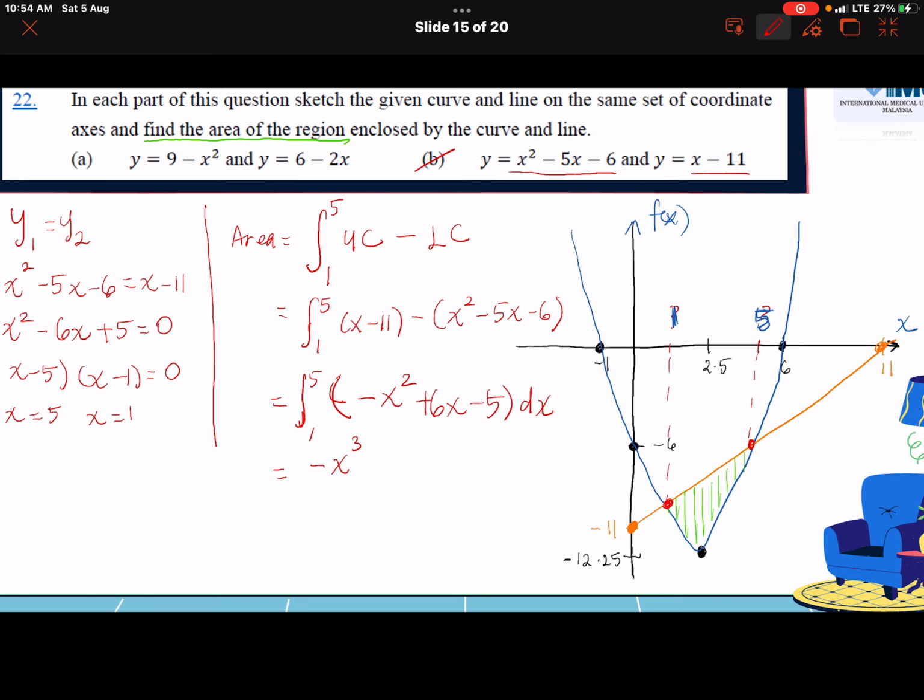The power will be added by 1, divided by that new power. 6x becomes 6x squared over 2. For -5, integrating a constant will have an additional x, from 1 to 5. Evaluate: substitute the upper limit into x, minus the substitution of the lower limit into x. At the end of the day, you will get the final answer as 10 2/3 unit squared.